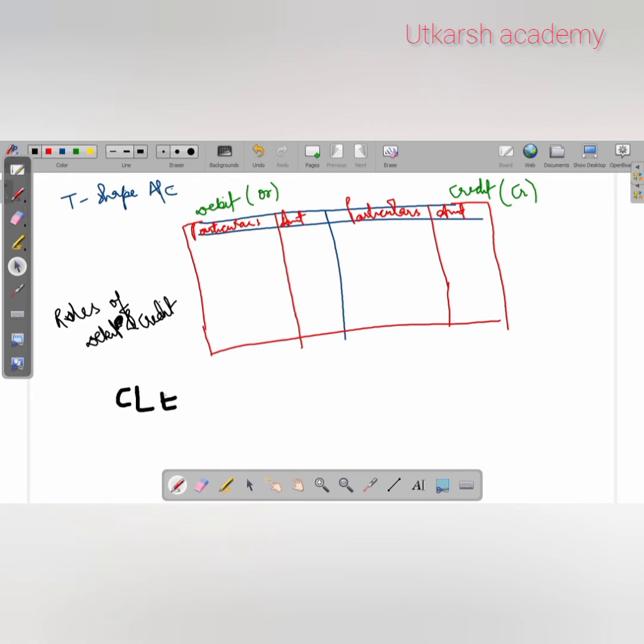Okay, just remember this mnemonic. Clear. C stands for capital. L stands for liabilities. E stands for expenses, or you can say losses.